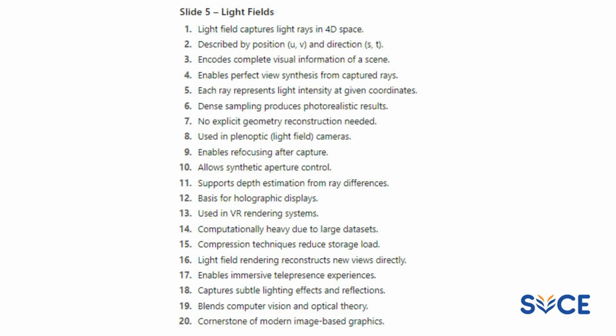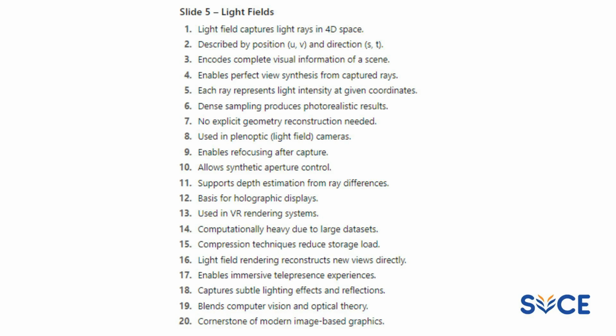An example of a light field: imagine you are looking at a flower vase on a table. You take many photos of it from slightly different positions, left, right, up and down. Each photo captures light rays coming from the vase from a slightly different angle. When all these images are combined, they form a light field dataset.